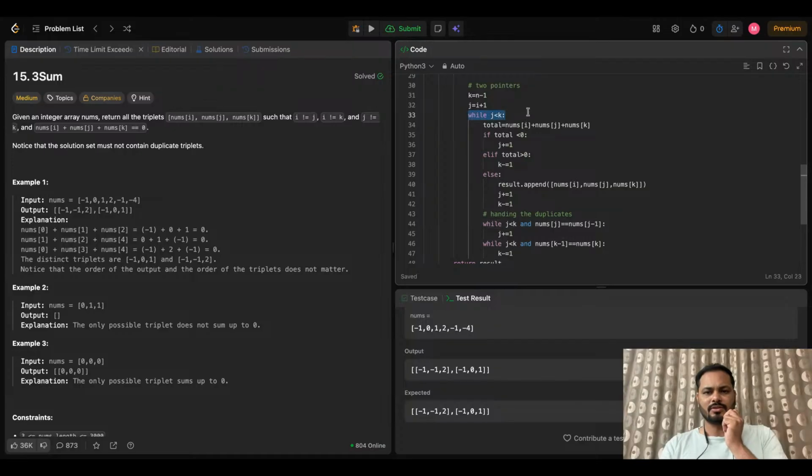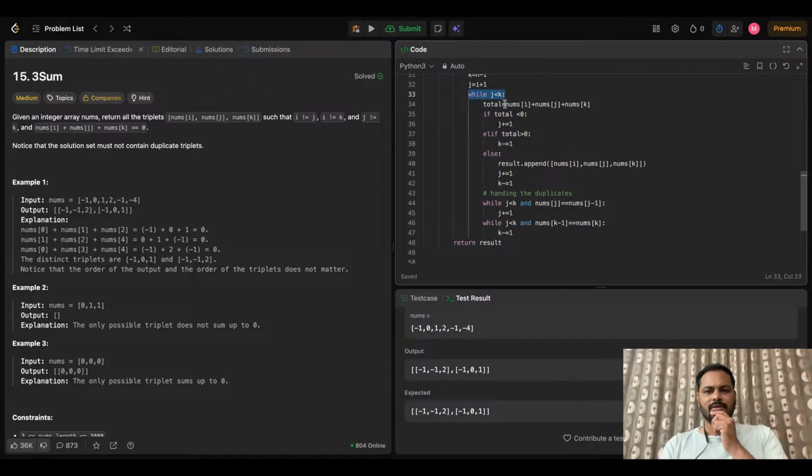We just have a condition while j is less than k, and we are comparing the sum to less than or equal to 0 or greater than 0. Along with that, the condition is prevailing, right? And now here we are handling the duplicates.